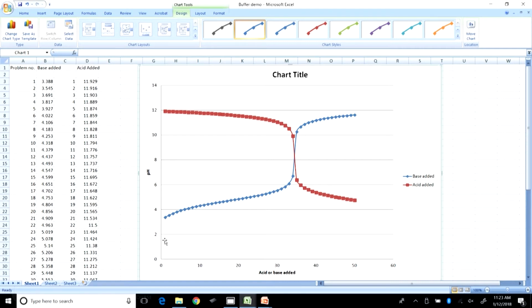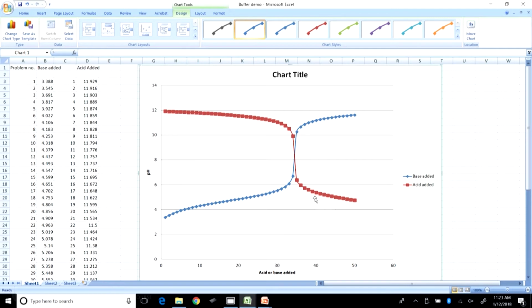So we started around pH 3, or 3.3, and we start adding the base and we see that the pH increased, right, that is what we see here. And with respect to the acid, we started at around pH 11.9, right, and then started adding the acid in equivalent quantities, and we see that the pH obviously decreased to around, I believe, 4.2.